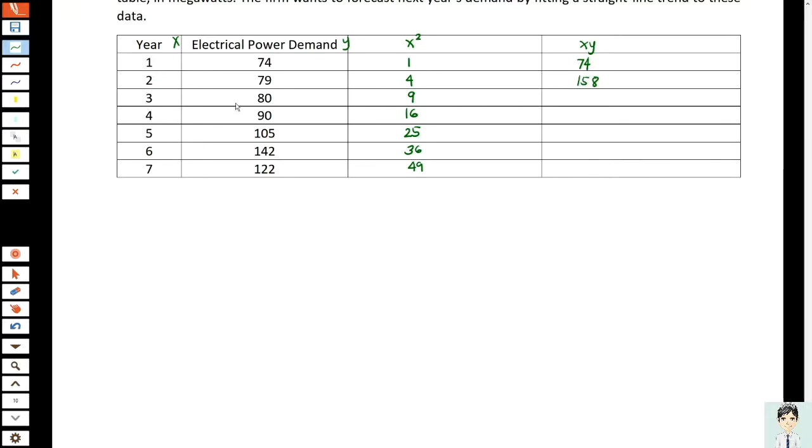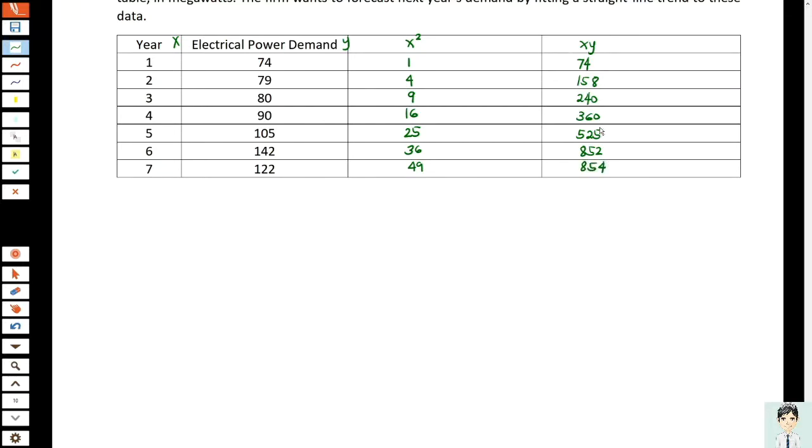The product of 3 and 80 is 240. 4 times 90, 360. 5 times 105 is 525. 6 times 142 is equals to 852. 7 times 122 is equals to 854.